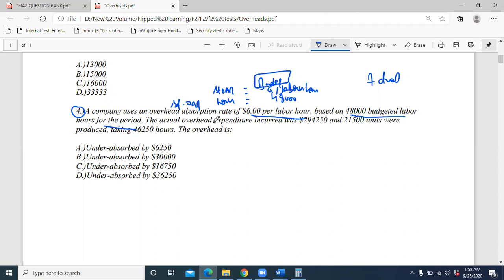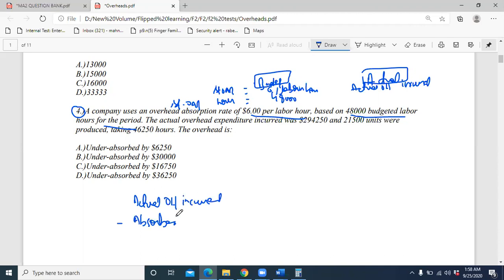Actual overhead expenditure incurred. Here in actual data, we are given the actual overhead incurred. Whenever a question of under and over absorption is given to you, just quickly write this formula before reading the question. Basically you need all these figures.